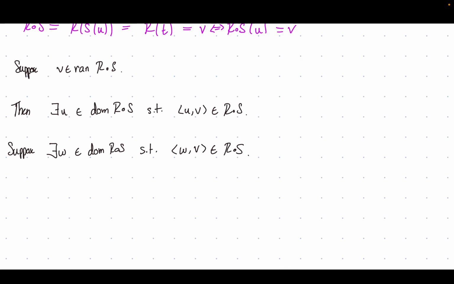Now, UV being an R compose S implies that there exists some T such that UST and TRV.